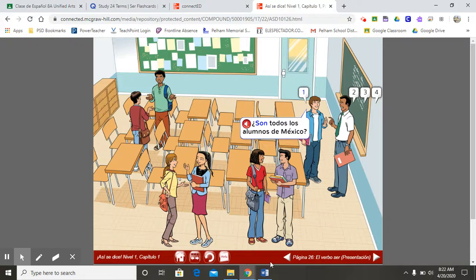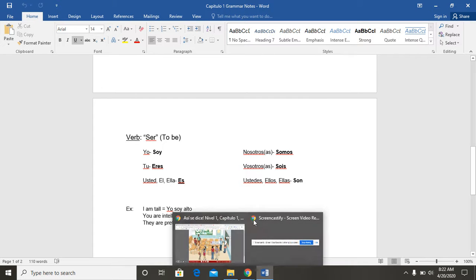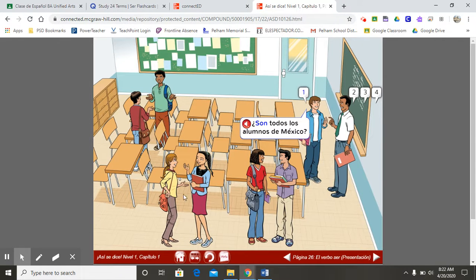But let's look at that verb, that form of the verb son. If you go to son, see if you can find it here. It's right here. So he's got to be talking about they. They masculine, they feminine, or just they as a group. If you think about it, who is they in this picture? The students, los alumnos. Are all of the students from Mexico?